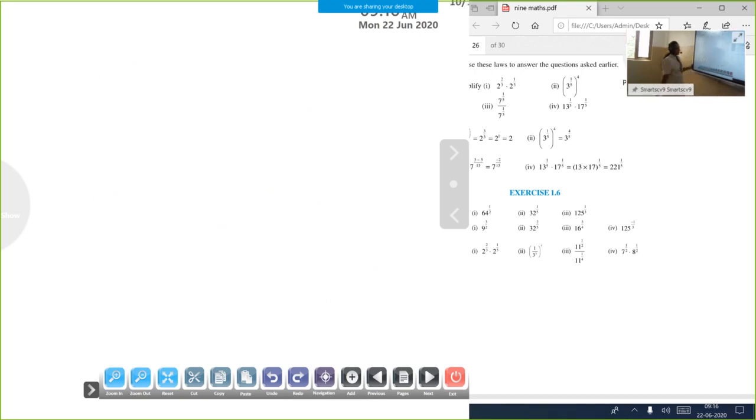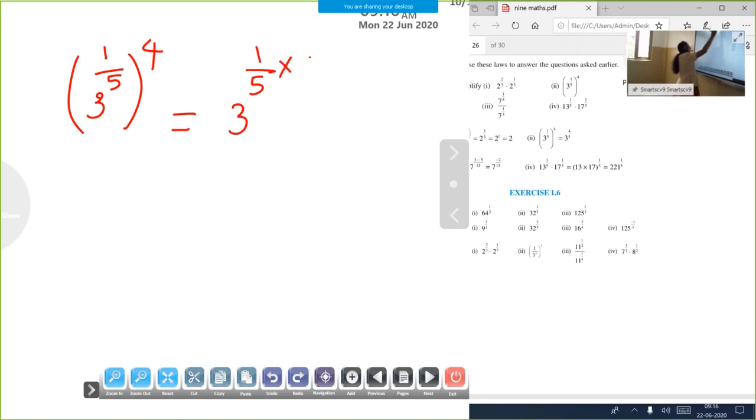Again, one more question using that formula. 3 raised to 1 by 5, the whole raised to 4 equals 3 raised to 1 by 5 into 4. What is 1 by 5 into 4? Here 4 means 4 by 1.